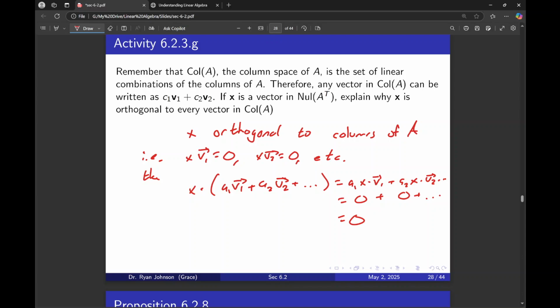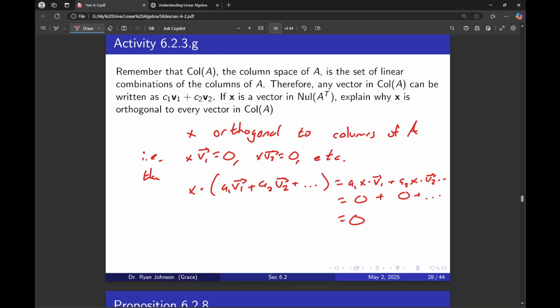So if X is orthogonal to the columns of A, then anything in the column space will be a linear combination of the columns of A. And X dot product with any of that linear combination, well, dot product distributes. So you just distribute it, and you get 0 plus 0, so it's 0. Okay? So X is orthogonal to everything in the column space of A because it's orthogonal to the columns of A.